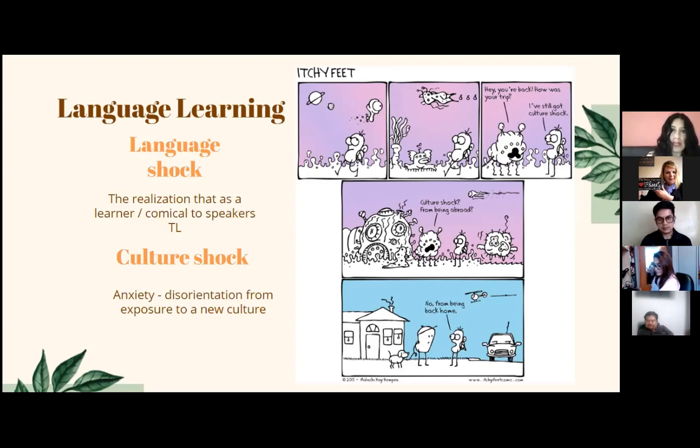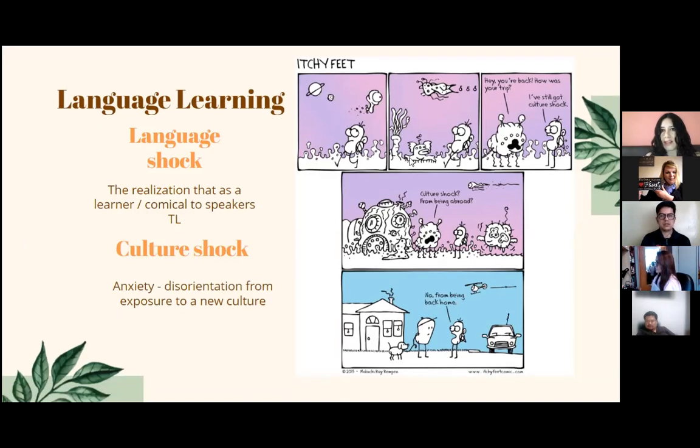But previously, let's check what is the culture shock. As you can see here, there is an image in this cartoon where this character is kind of afraid.